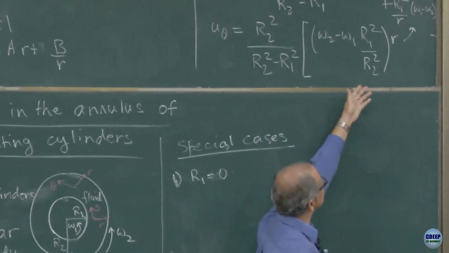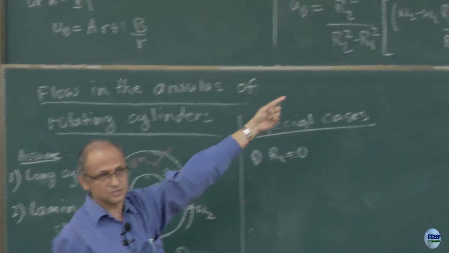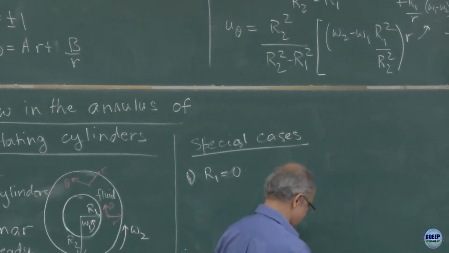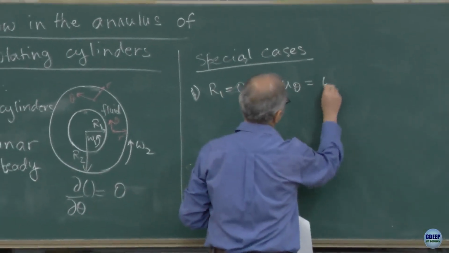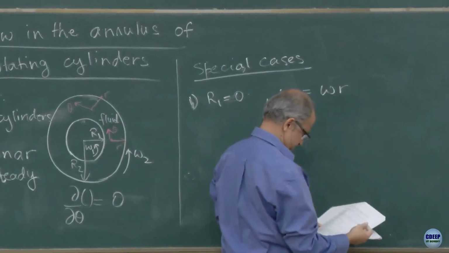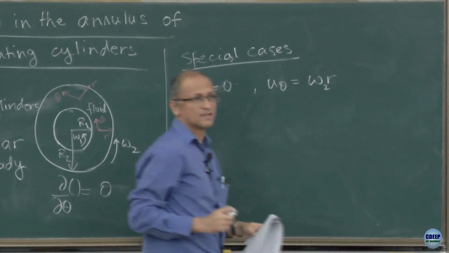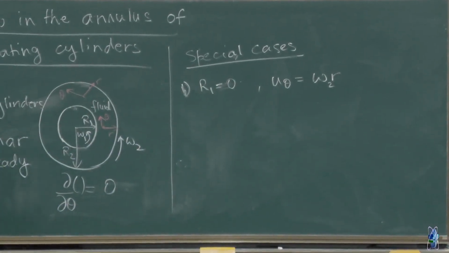Okay, if you put R1 is equal to 0, you can see that the second term that we have written is becoming identically 0. And from here you can simply get the solution: U theta is equal to omega 2 R. Okay, clear?